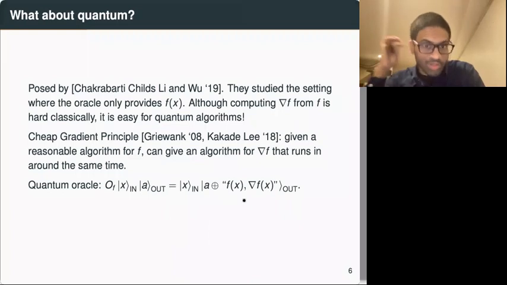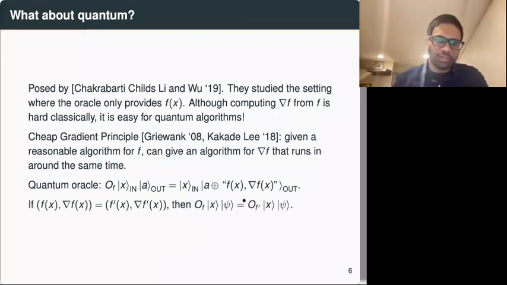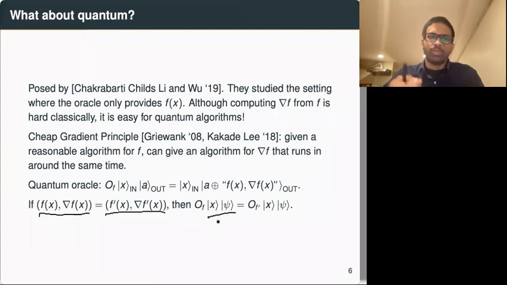Now, with infinite precision, I'm not sure what the mathematical model would be. Nevertheless, with whatever precision you choose, our lower bound should still work. The only thing our lower bound actually asks of the query model is that if you have two functions, f and f prime, such that they have the exact same behavior at some input point x, then if I take any state in which the input register just corresponds to that point x, when you apply the oracle for f or the oracle for f prime, you should get the exact same output state.